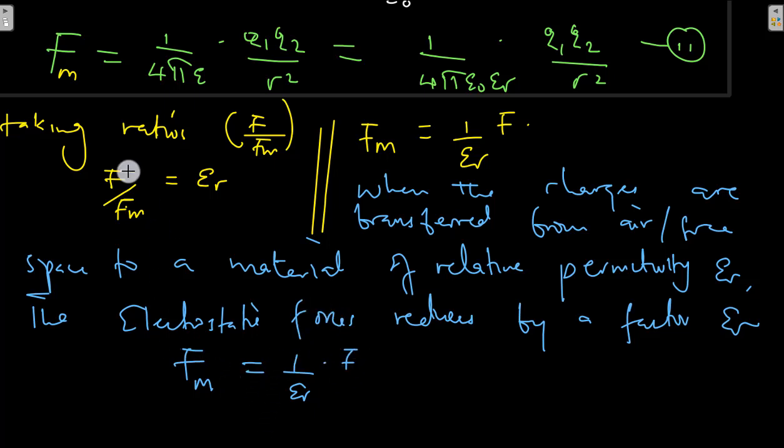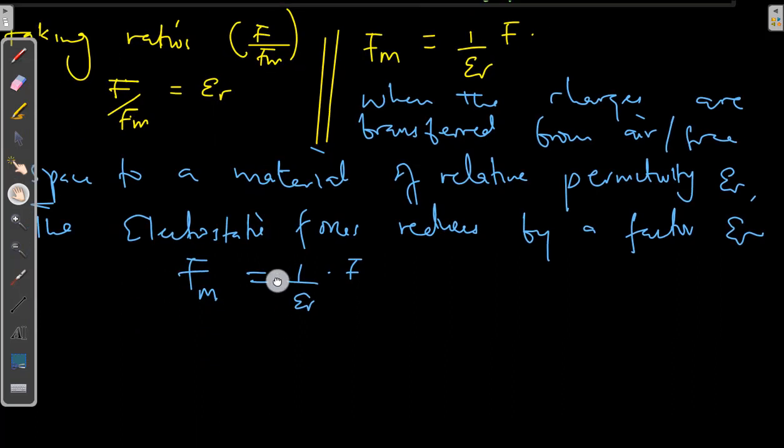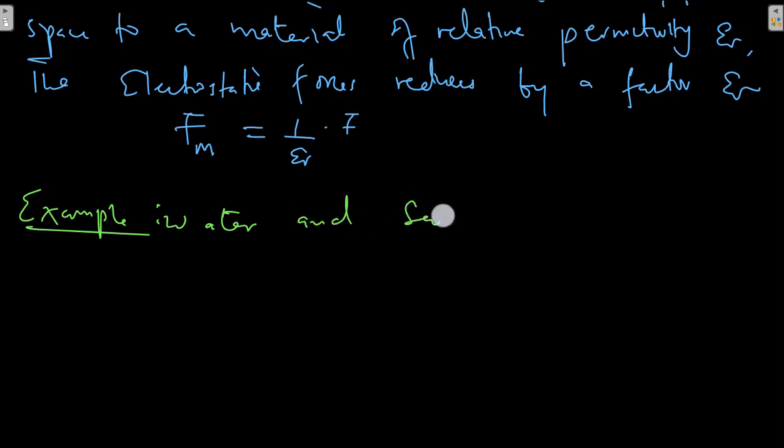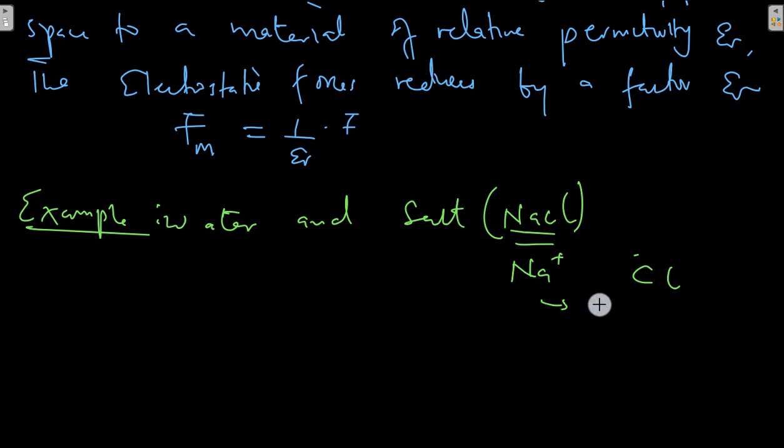If we take an example of water and salt, by salt we mean sodium chloride crystals. Sodium chloride is an ionic compound where sodium ions are positively charged and chloride ions are negatively charged, and these two charges are bound together by electrostatic forces.